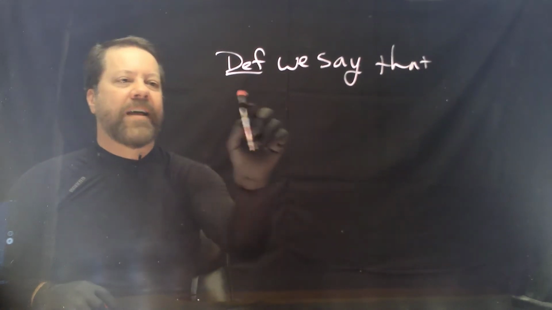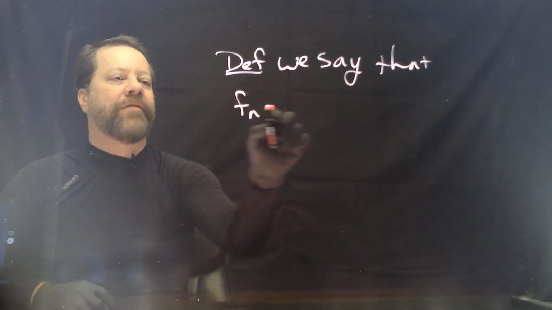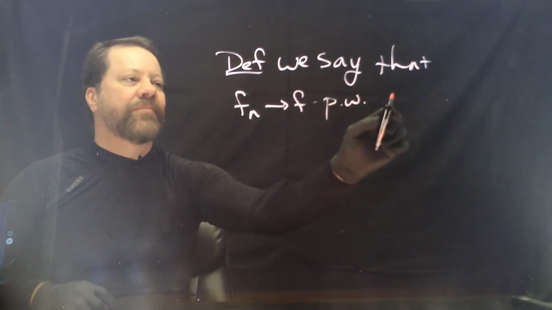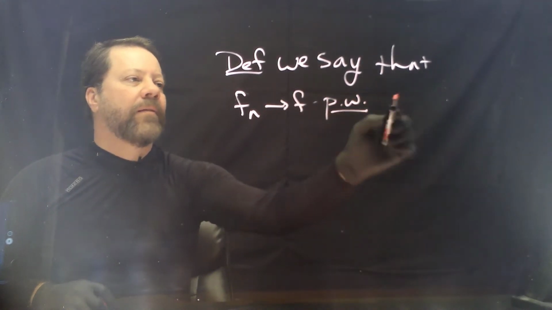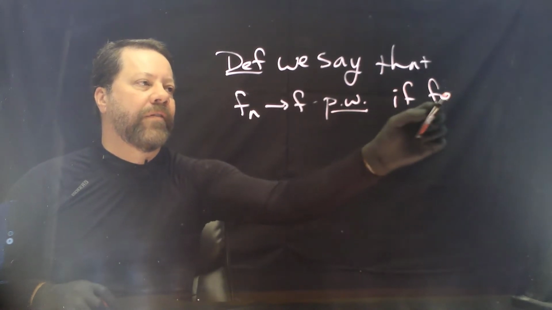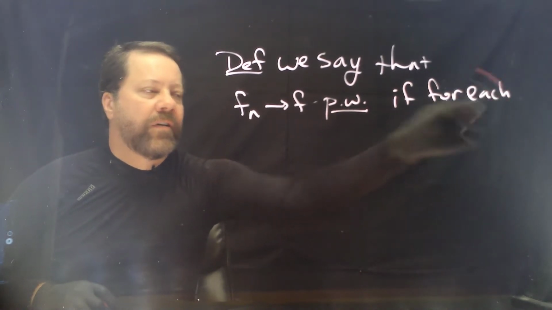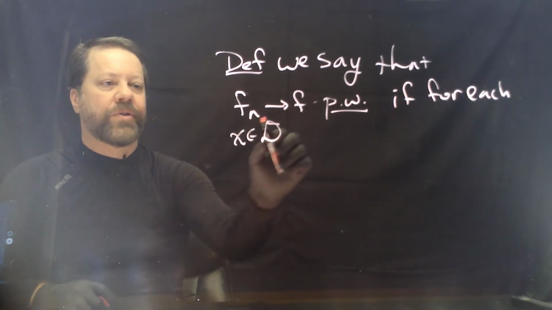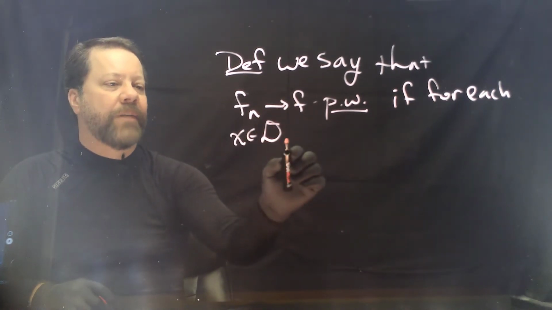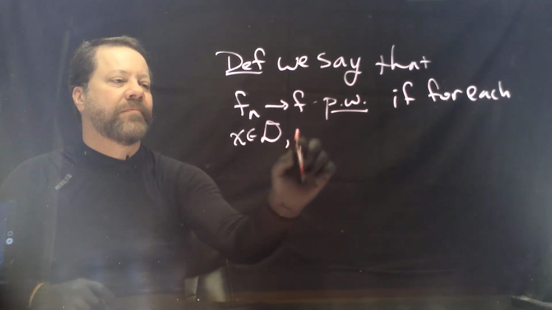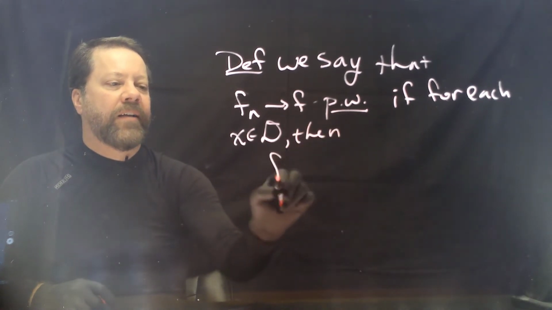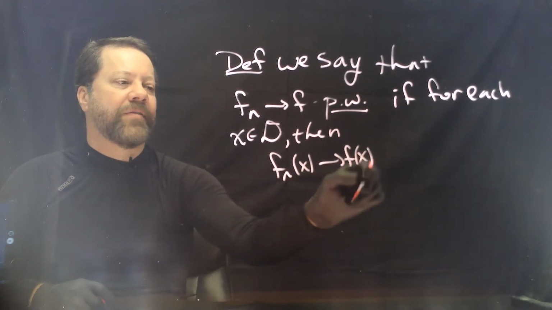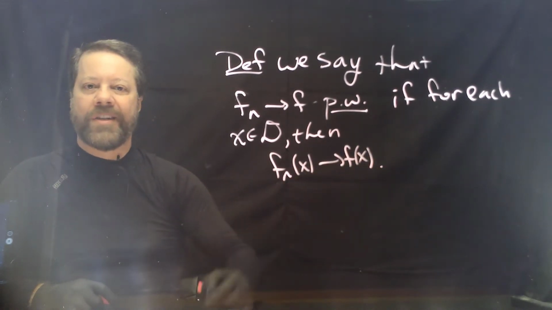We say that the functions f_n converge to f pointwise if for each x in the domain of the f_n's, we're assuming the f_n's and the f have a common domain, then f_n of x converges to f of x in the usual sense of a sequence of numbers.